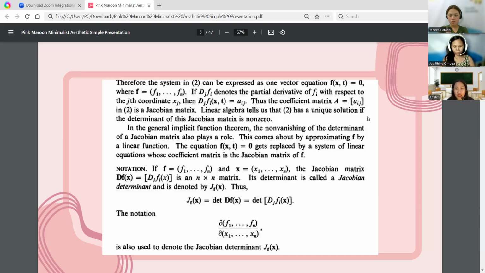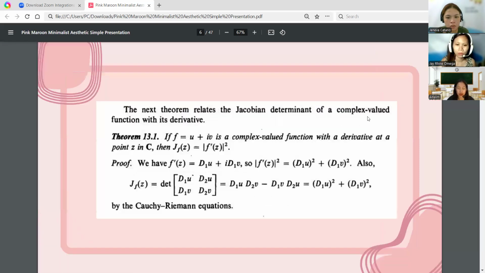Its determinant is called a Jacobian determinant and is denoted by J_f(x). As you can see on the screen, we have the formula here. This is our formula for that one. So now let's proceed to the next slide.